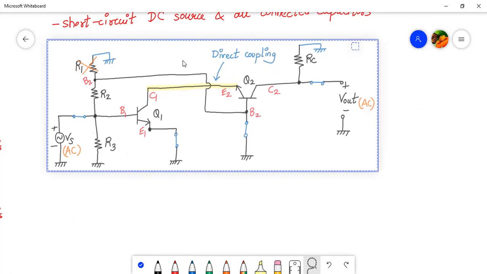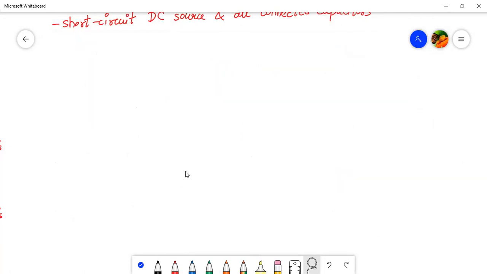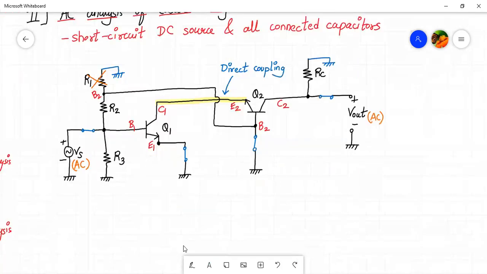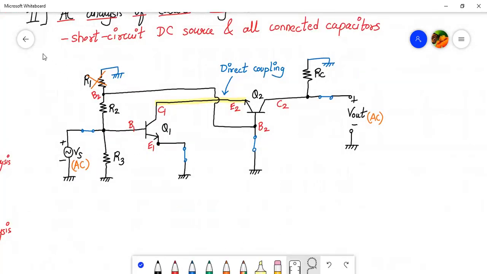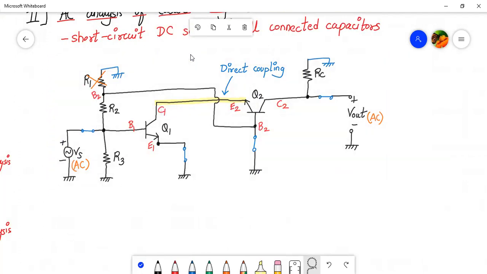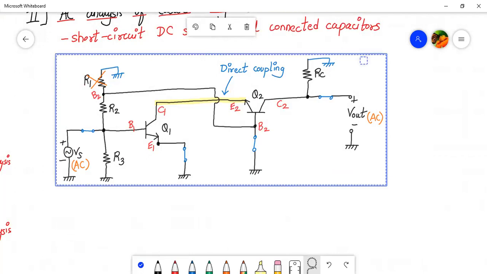Let me take a copy of the circuit so that I will draw the modified, simplified circuit in that sense. Okay, I have copied it.